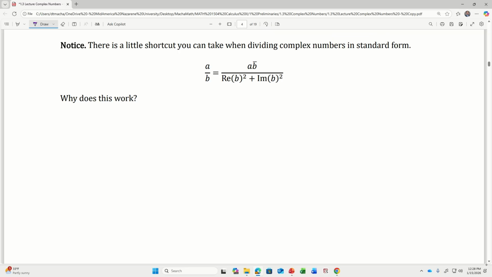Sometimes people think this is handy. It's a little shortcut. In the numerator, you still have to multiply.